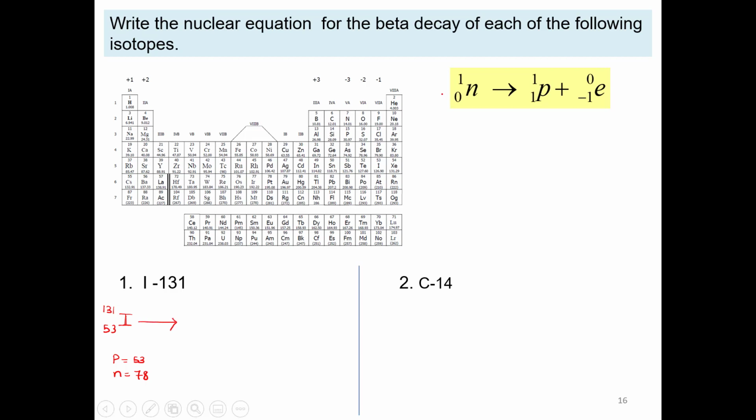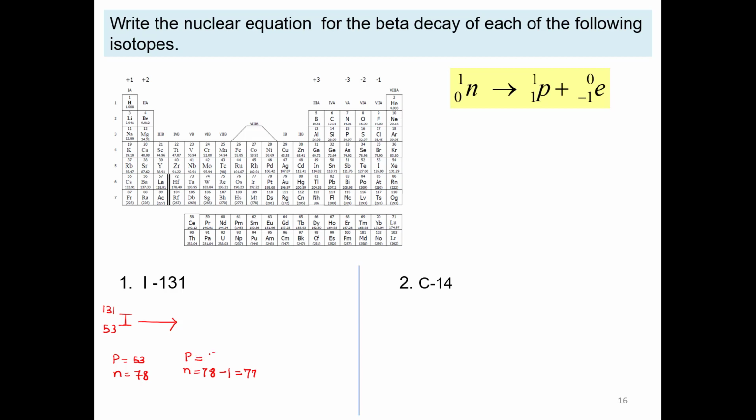If beta decay occurs, 1 neutron will be turned into 1 proton plus a high energy electron. Then the number of neutrons of the isotope in the products will be 78 minus 1, because 1 neutron is turned into a proton, and the number of protons will be increased by 1.